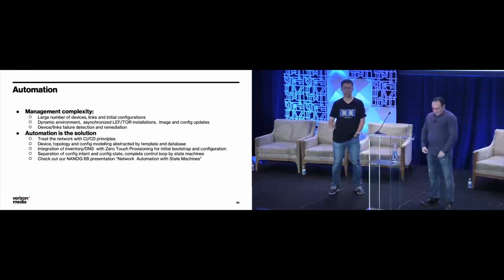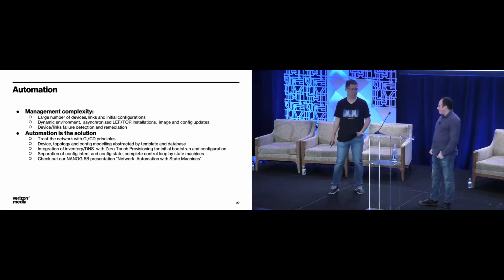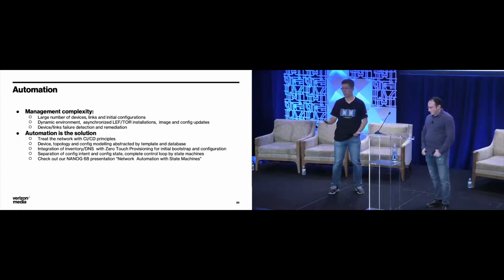Automation. Obviously, we have been talking about the scaling, and we have been seeing the pictures of thousands of links or hundreds of thousands of devices. So this is a lot of complexity that we have to manage. So we have to turn to automation in order to manage all these links, all this scale, all these devices.